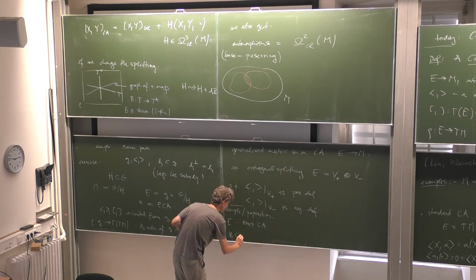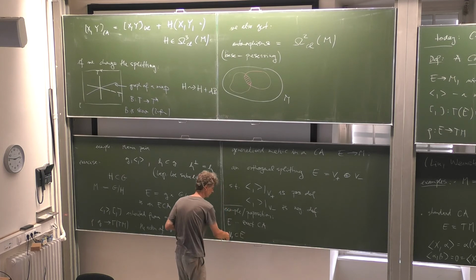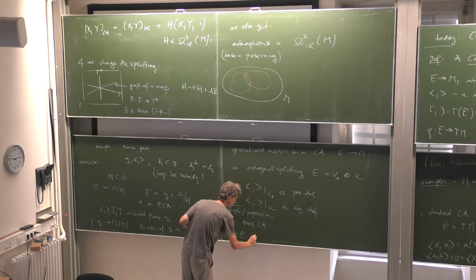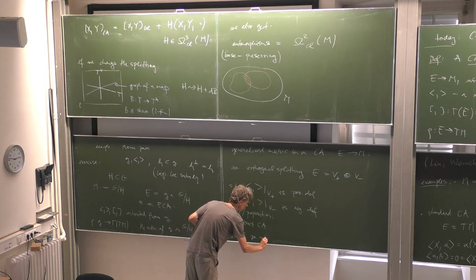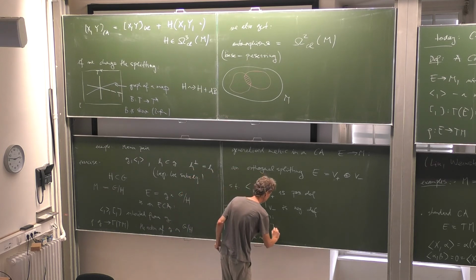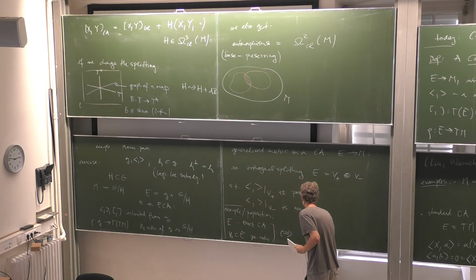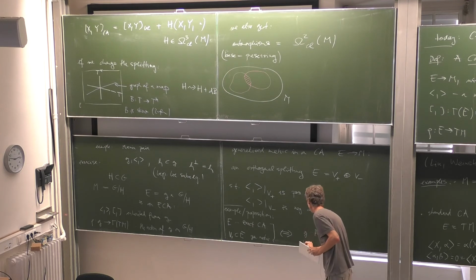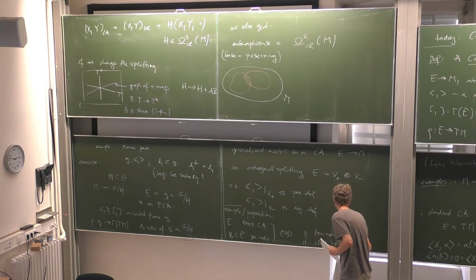And the generalized metric is equivalent to G, which is a Riemannian metric, and H, which is a closed three-form, both on M.